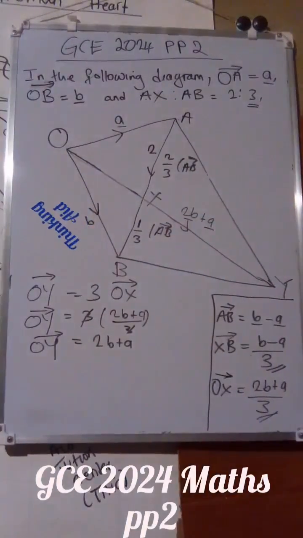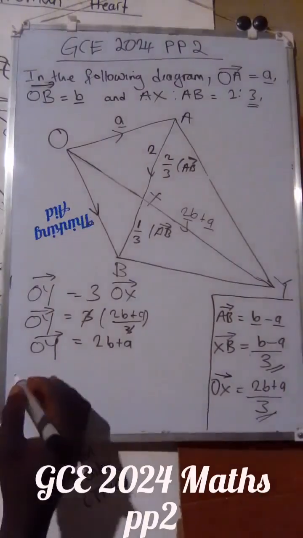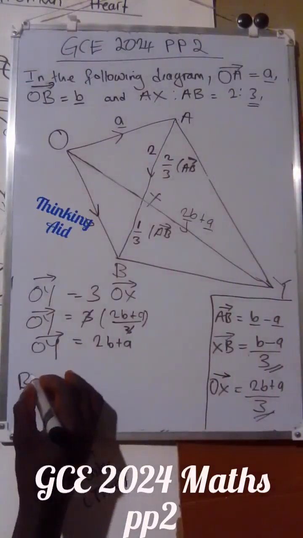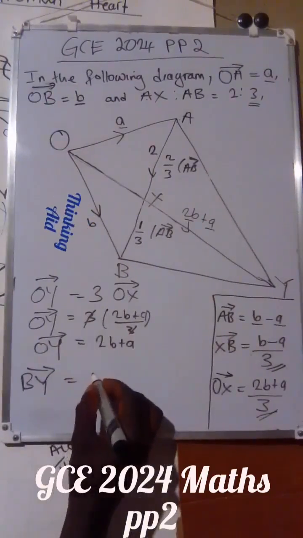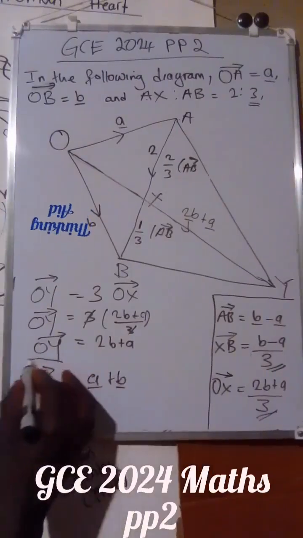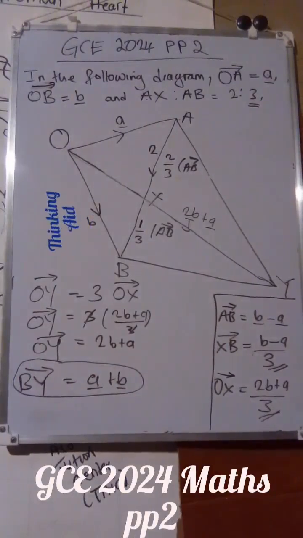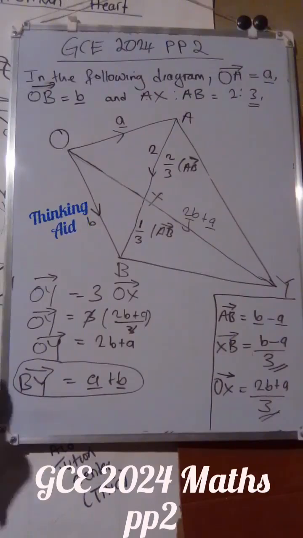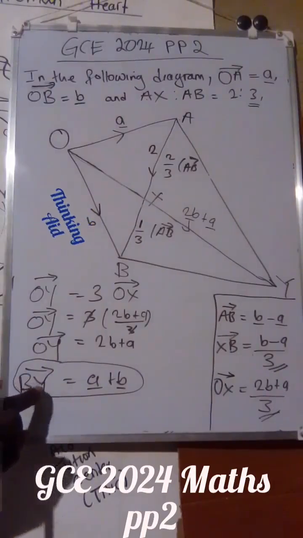Alright. Now they want us to show that the vector BY is the same as a plus b. So let's calculate vector BY. If they tell you to show that this is equal to this, just find what they have given you. In our case, they want us to show that BY is equal to a plus b.